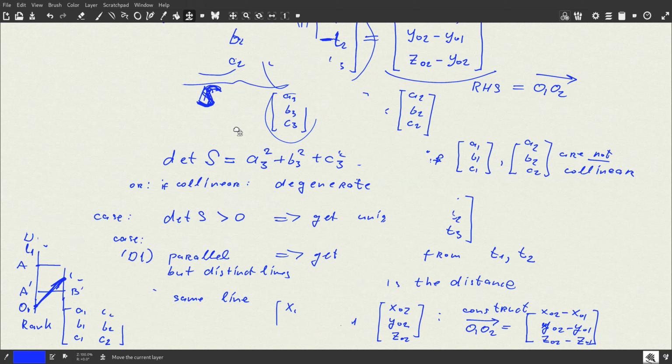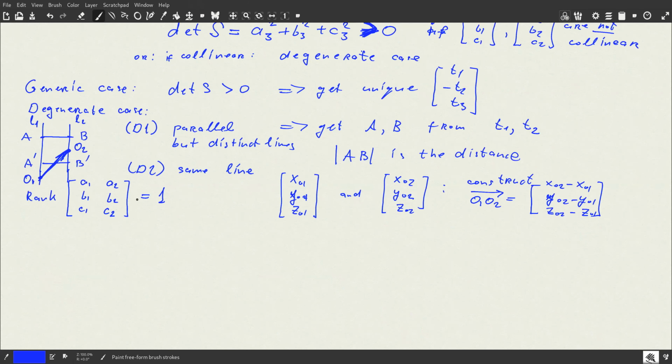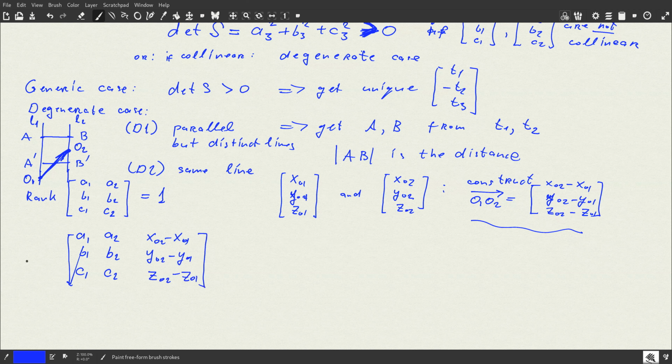And now construct the extended matrix. The extended matrix A1, B1, C1, A2, B2, C2, and this vector O1O2, x02 minus x01, y02 minus y01, z02 minus z01, which I denote by U. Now the rank of U may be not equal to 1 anymore.